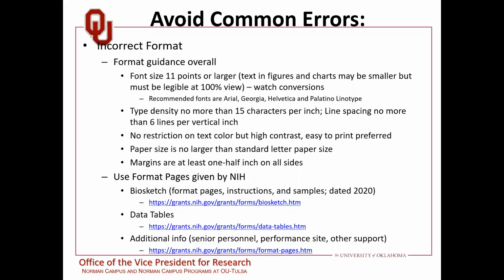Sometimes you will notice when the file that we send you back that's been loaded into Cayuse, it looks a little bit small on the margins. It's just something to do with the software. When it actually goes into eCommons, it's fine.